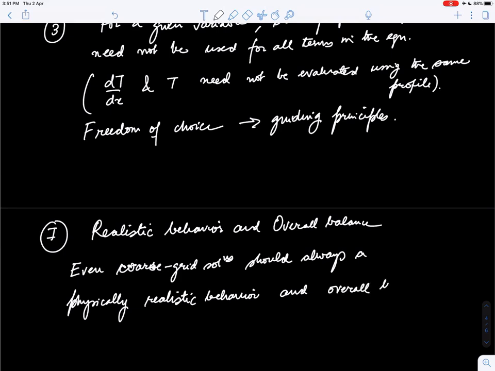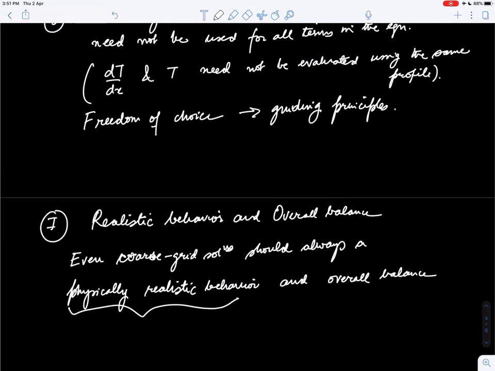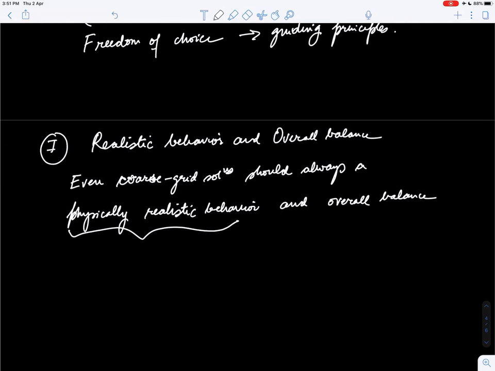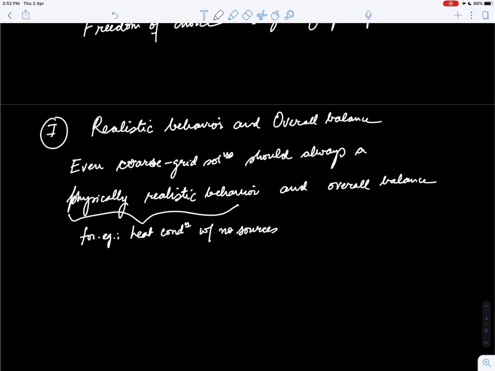What I mean by physically realistic behavior is that, let's say we're dealing with a problem in heat conduction with no sources, which basically means that S is 0. Then we know that the temperature at any point in the domain should not lie outside the range dictated by the boundary conditions.